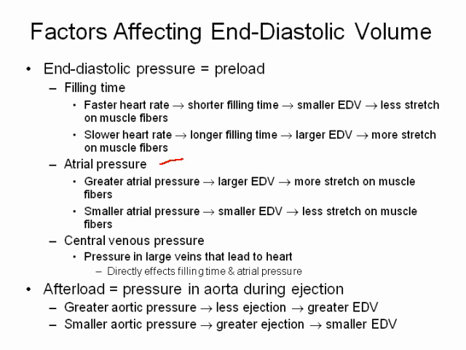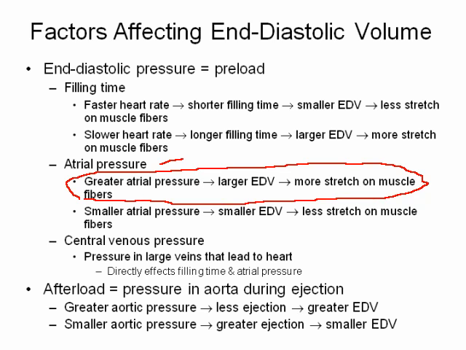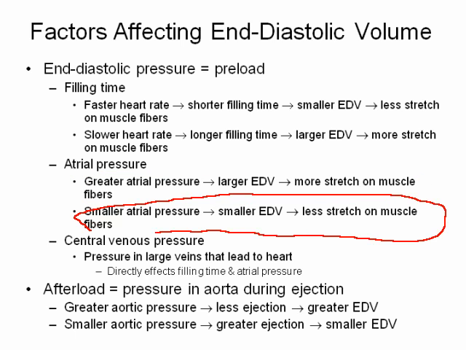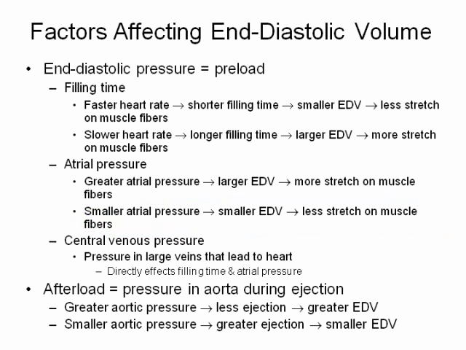Atrial pressure, we've already talked about that, but we'll review it again. Greater atrial pressure increases end-diastolic volume because, of course, it's pushing more blood into the ventricle, which produces more stretch on the muscle fibers. Smaller atrial pressure produces a smaller end-diastolic volume, therefore a lower stretch. What's called central venous pressure.